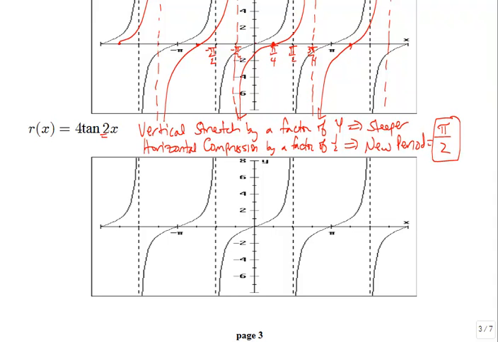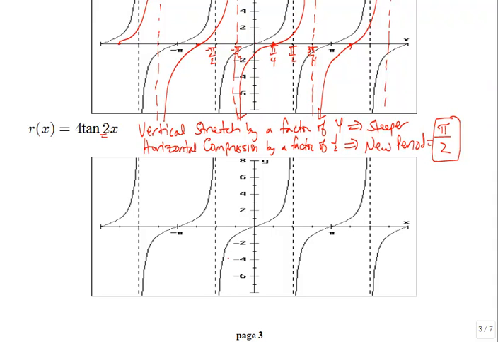So here's how I would draw this. First of all, I don't have a phase shift. That's the first thing I would always consider when I'm graphing. Since I don't have one, I'm still going to be centered at the origin like I normally would be. But instead of having this normal width of pi, because tangent has a period of pi, now I need to shrink that period in to pi over 2.